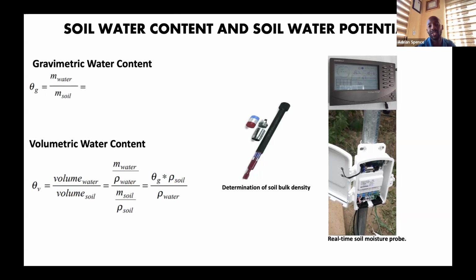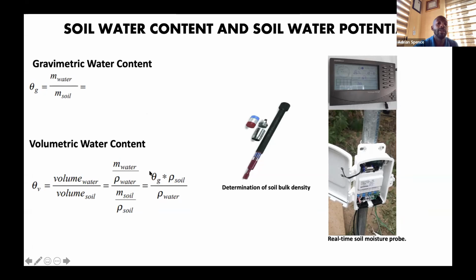Once that is oven dried for a particular period of time, the difference between the dry mass of the soil and the original mass will give you the mass of the water. And the mass of that water over the mass of the soil gives you the gravimetric water content.